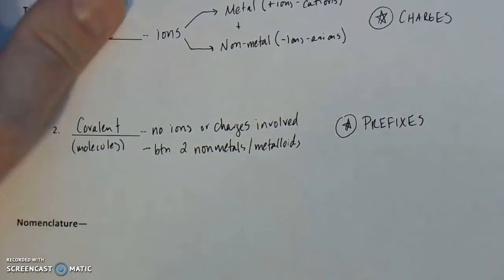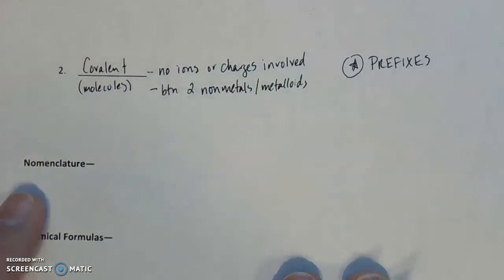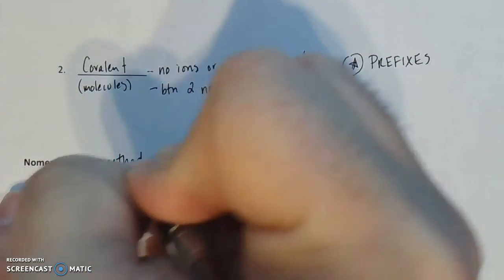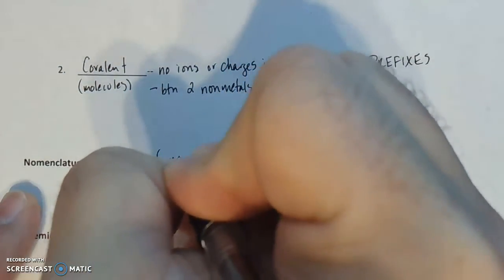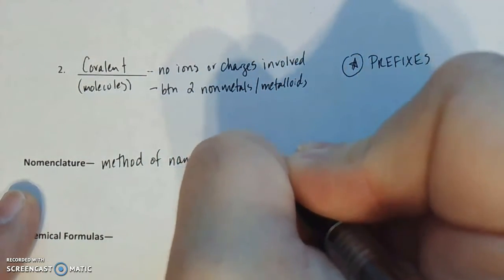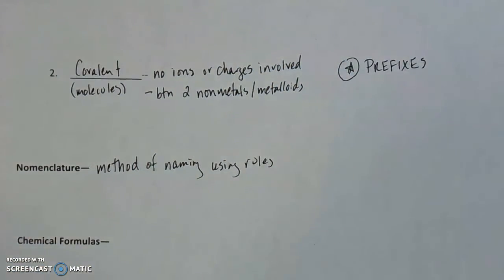And nomenclature is nothing more than a fancy word for a method of naming using a set of rules. And if you remember back to biology, we had a set of rules when we named all living organisms. It's called binomial nomenclature.